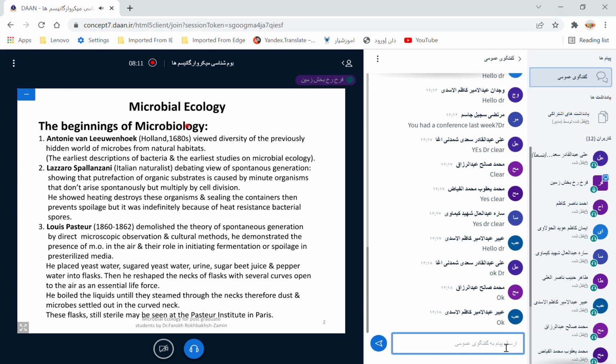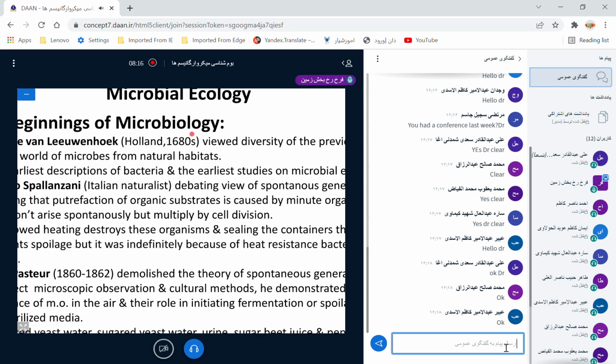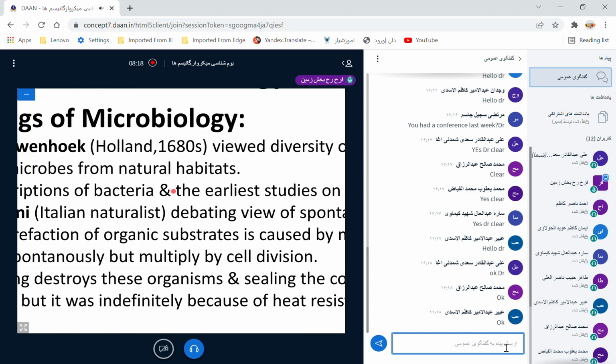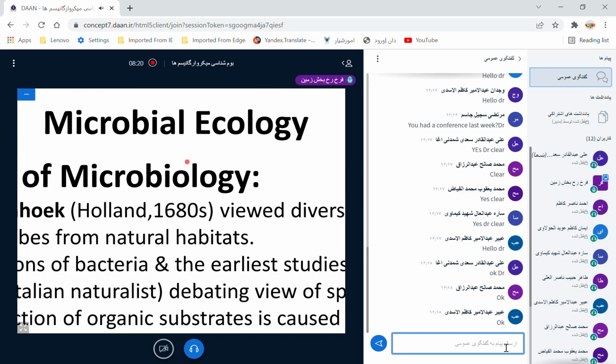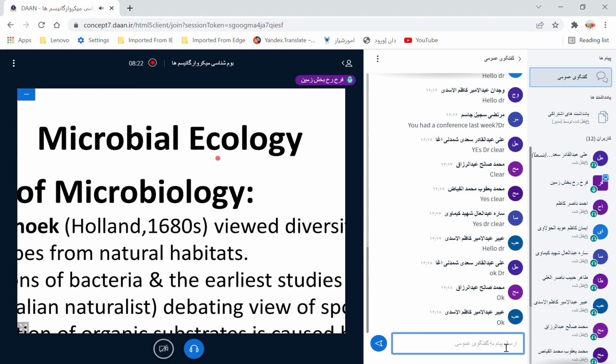We want to talk about microbial ecology. What about microbial ecology? Mostly we think about biology, and biology has different parts, different branches.